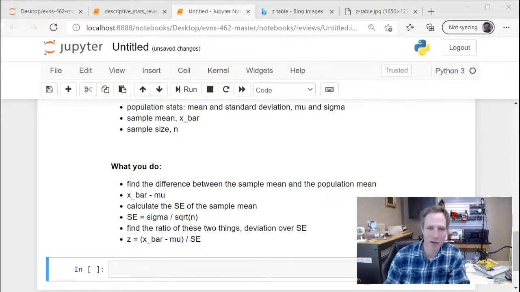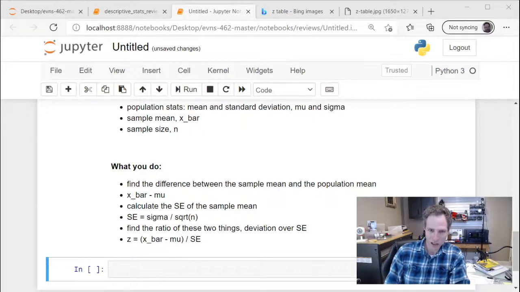So why are we learning about z-tests? Because it's laying down a foundation for how hypothesis testing works. And it's also sort of prototyping this idea of calculating these inferential statistics that you do in z-tests and other things.